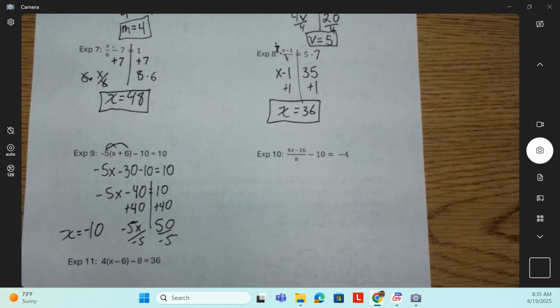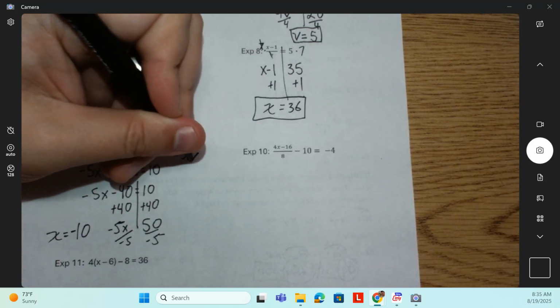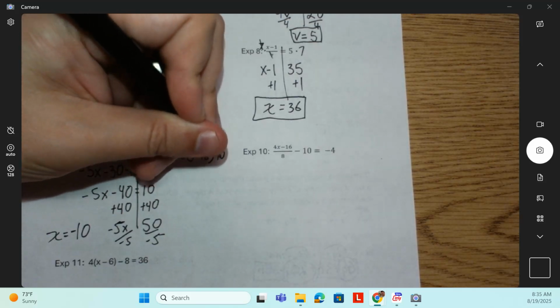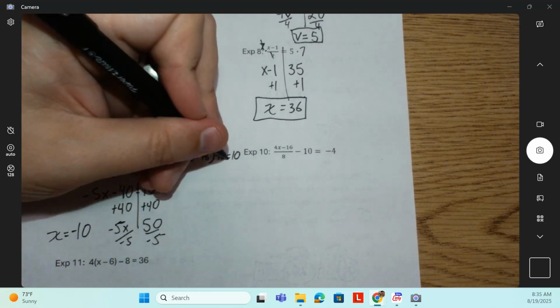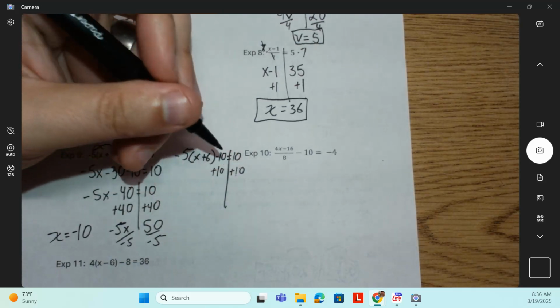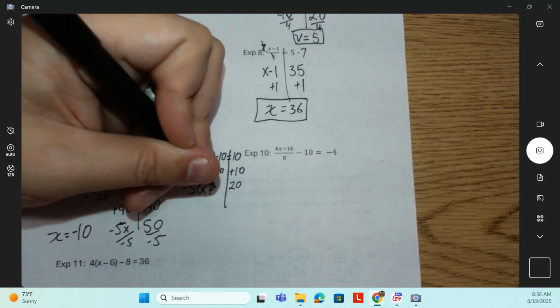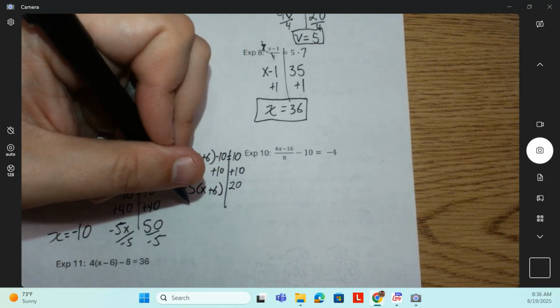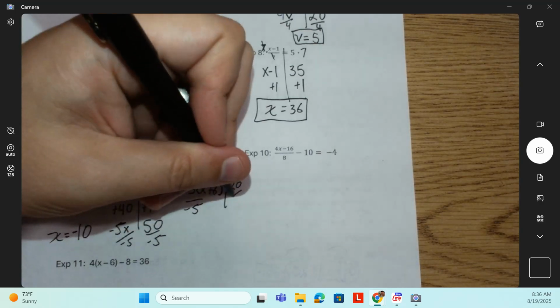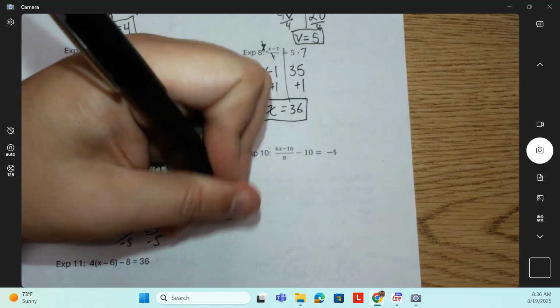Okay, I do have another way I could solve this, as long as I don't end up with a zero somewhere, I believe. I could start out with negative 5 times x plus 6, minus 10 equals 10. I could go ahead and start working from there and add 10 to both sides, which would give me 20. And then I have negative 5 times x plus 6, and I then divide by negative 5, which would give me negative 4.